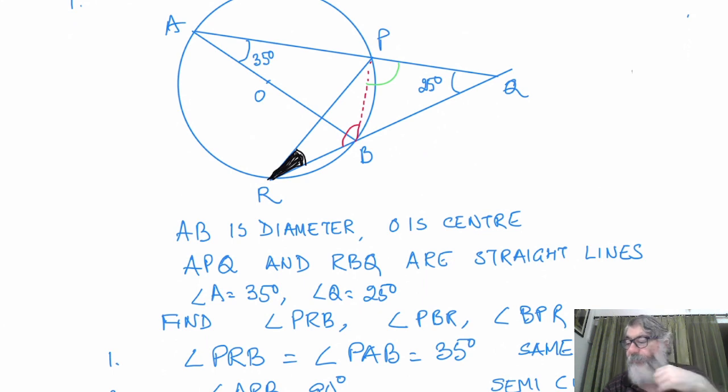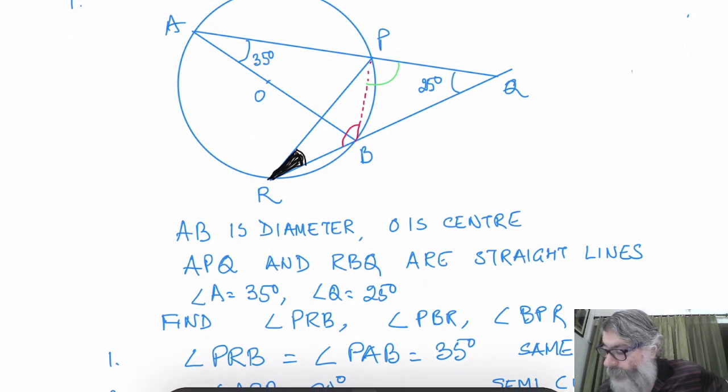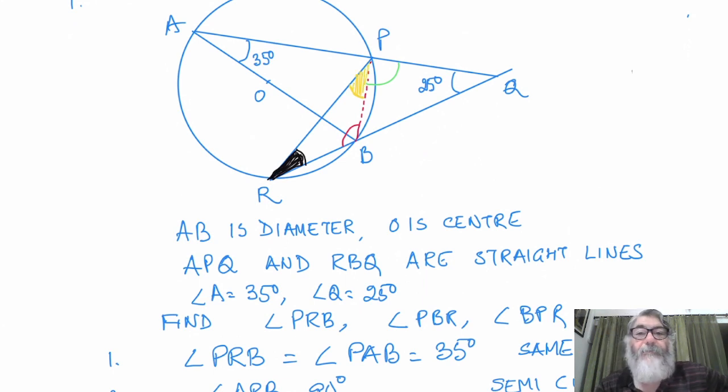Then he wants angle BPR. Let me indicate it with a different color for you. We want this angle, the yellow angle which I have indicated. He wants BPR.